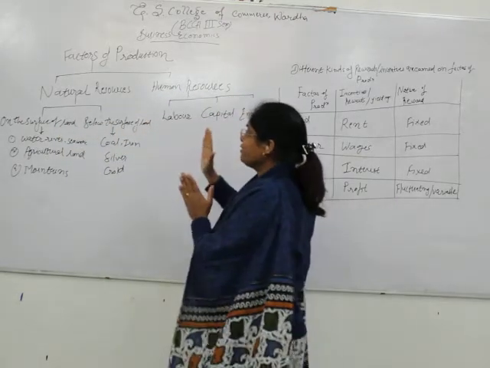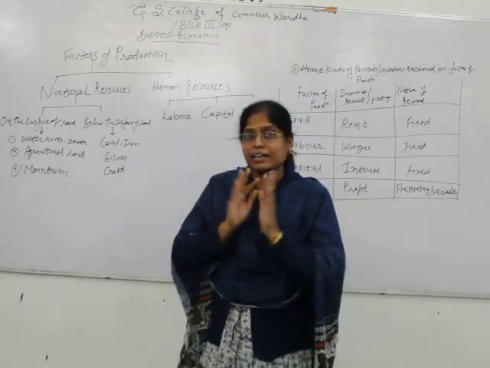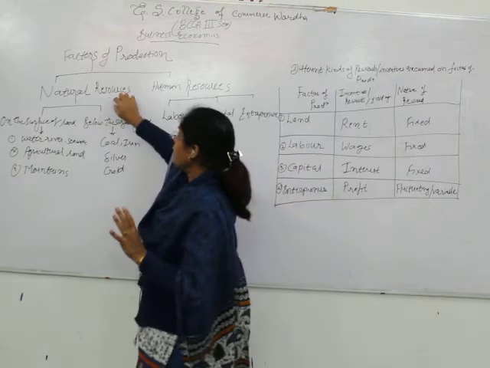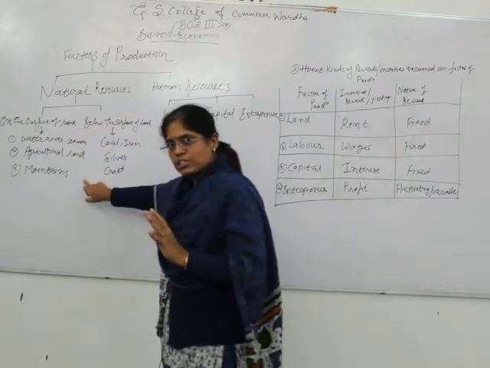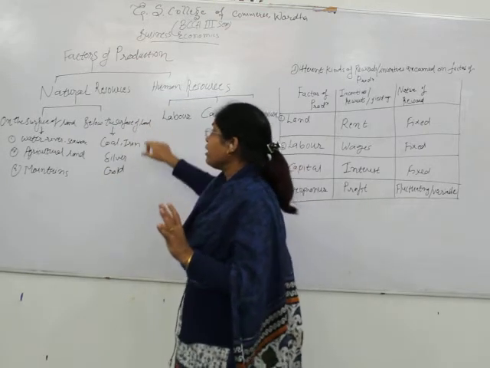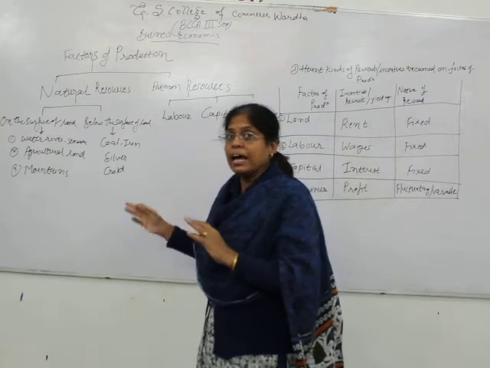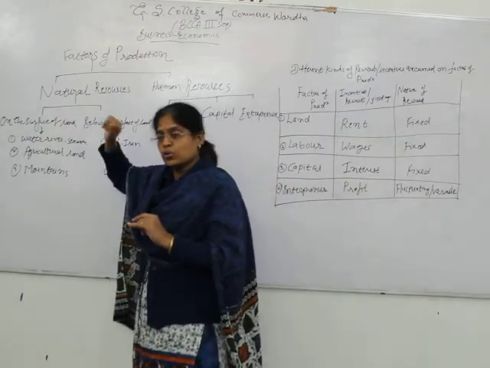I am doing this topic in a very easy and clear way so that you will understand in simple language. On the surface of land, what resources are available? Below the surface, what resources are available? These are called natural resources.